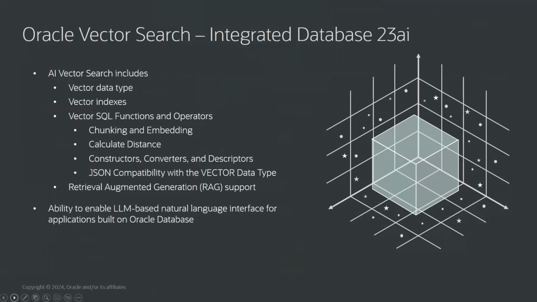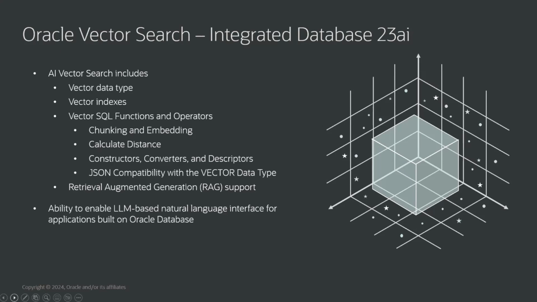These indexes, like any other index, will allow you to search and query the vectors more efficiently. There's vector functions and operators that will allow you to build that vector database or vector stores in the Oracle database. There's functions and SQL statements for the chunking process, where you take textual information and you create chunks out of it.